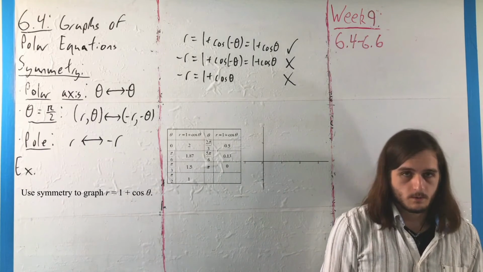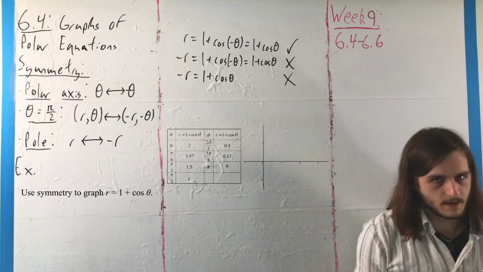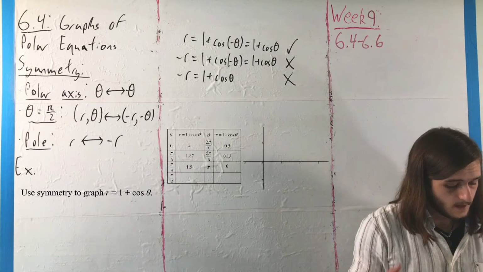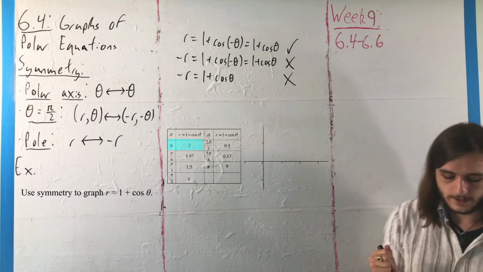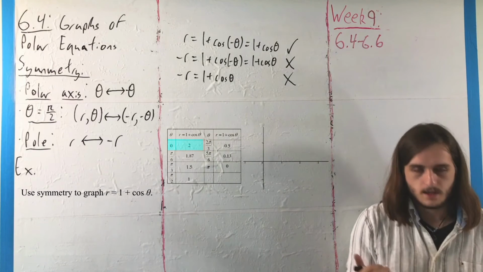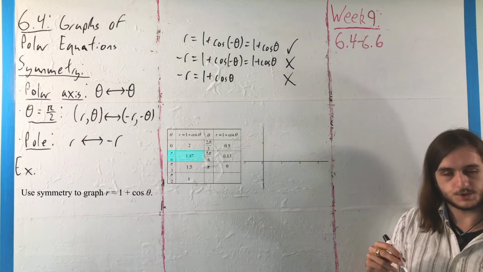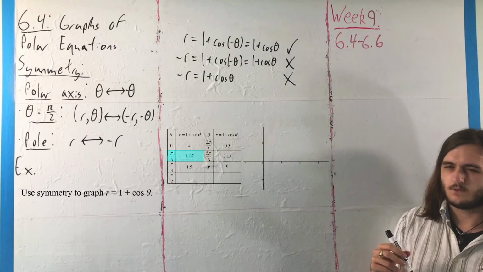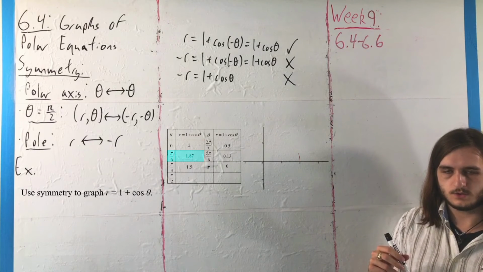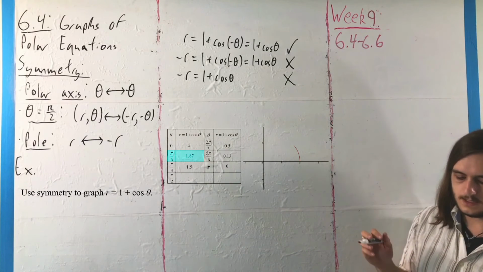So here, what we're going to do is take our values starting at 0 and going up by pi over 6s again, because we're usually pretty comfortable with pi over 6s, although sometimes we use pi over 4s. But at 0, we have r equals 1 plus cosine of 0, which is 1 plus 1, or 2. Then at pi over 6, we have r is going to be equal to 1 plus cosine of pi over 6, which is root 3 over 2. Add 1 to root 3 over 2, and you get kind of a messy thing that's about 1.87.